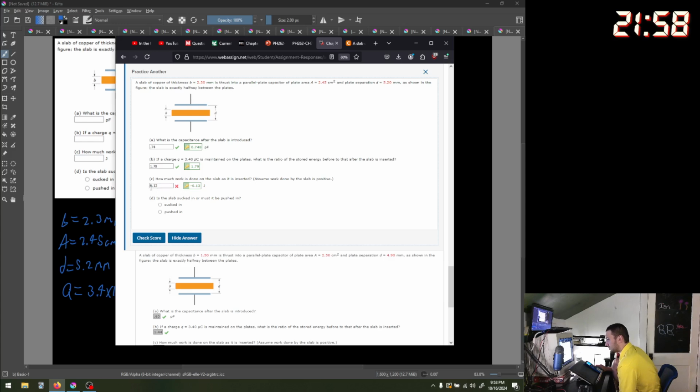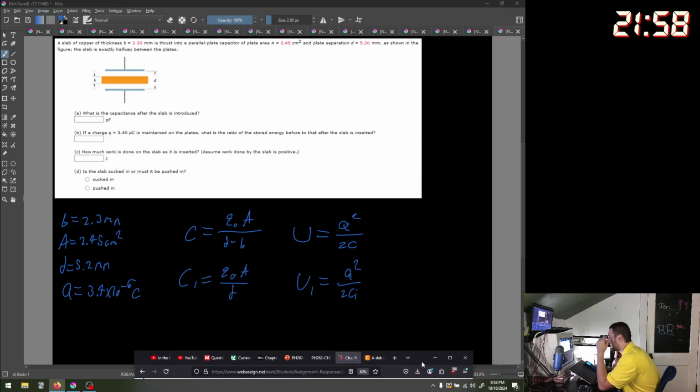Assume work done is positive, so I have to put it in as a negative. What? I don't get it. Assume work done by the slab is positive, but you have to have a negative number. I guess work is a negative quantity or something.